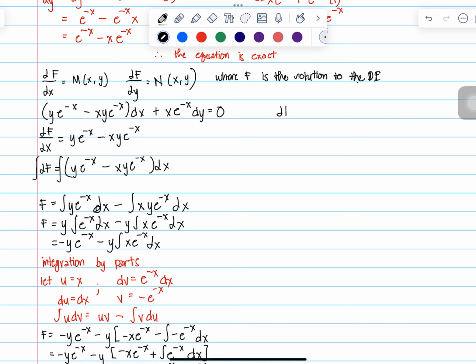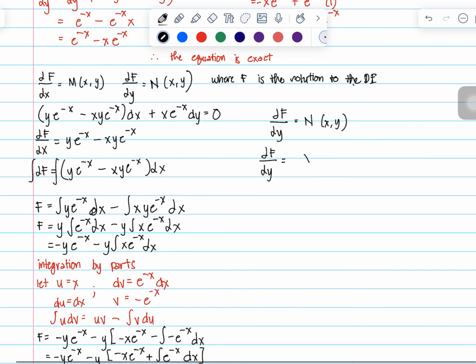So the partial of f with respect to y is equal to n. Okay. So what is n? n is x e to the negative x. All right. Now the partial of f is equal to x e to the negative x partial of y.